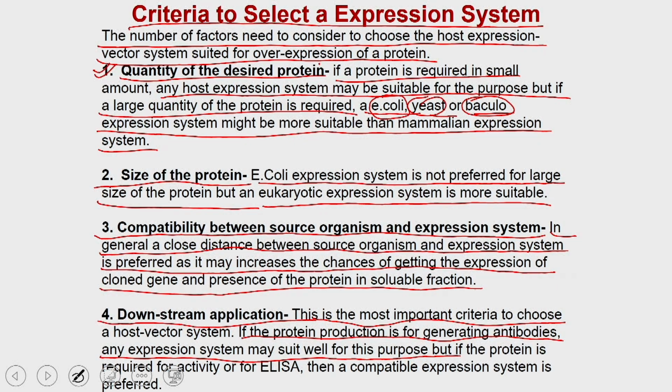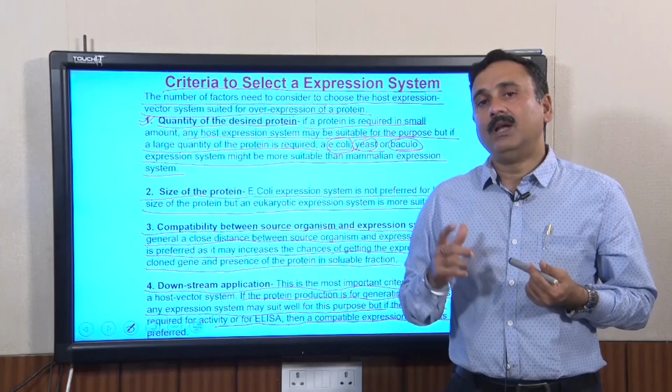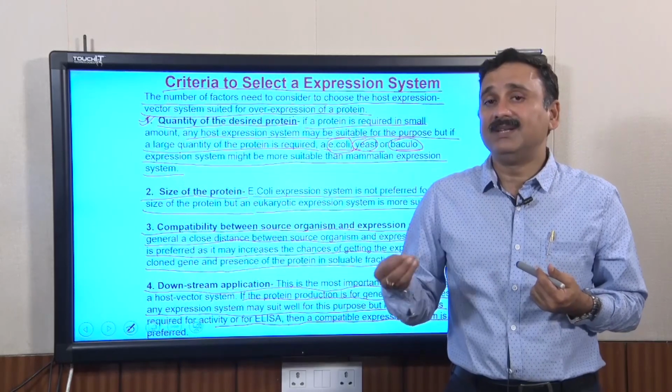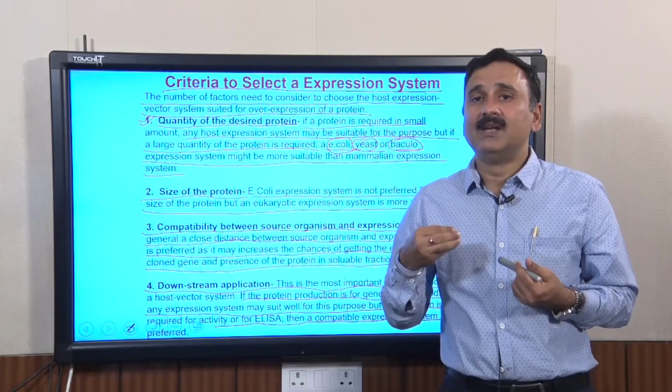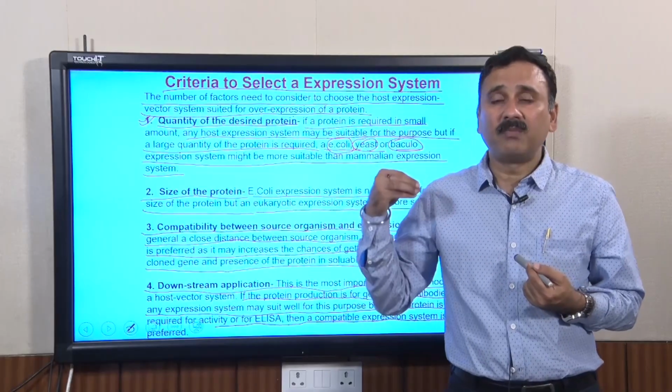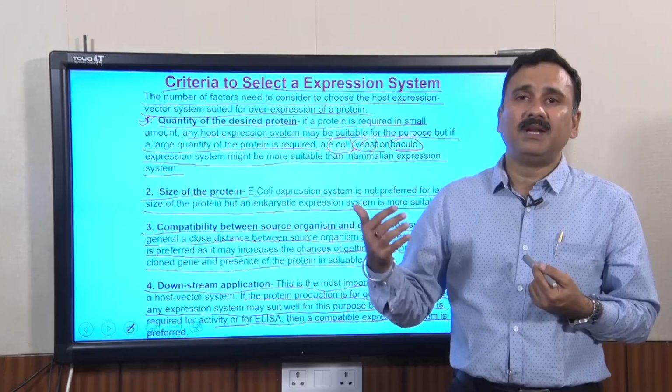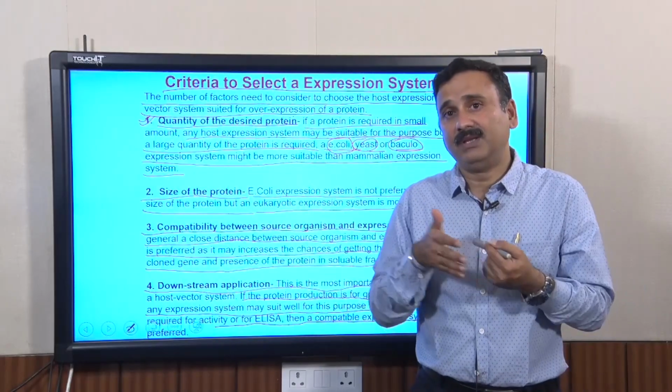But suppose you want to produce the protein for activity. In some cases, some of the proteins may lose their antigenic sites when they are not properly folded, and you want to use this protein as an antigen to detect antibodies using ELISA.